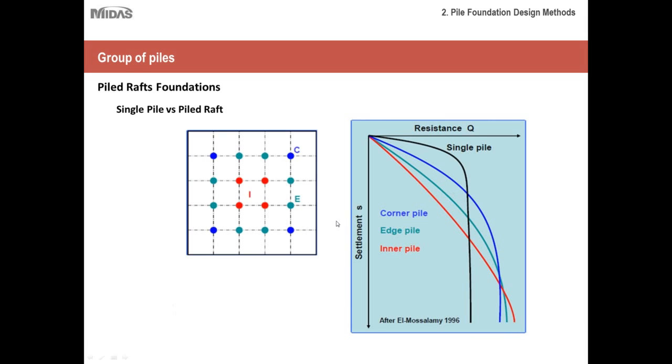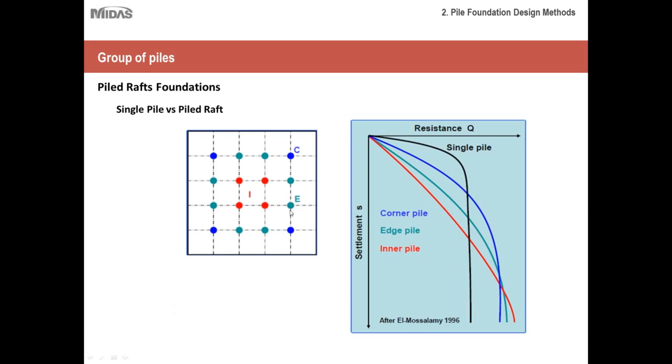I think this particular slide will make my point more clear as to why you need to analyze pile foundations or pile raft foundations in 3D. Now this is a simple problem. If you look at this as a group of piles, you see the behavior of the pile at the corner is very similar to a single pile element.